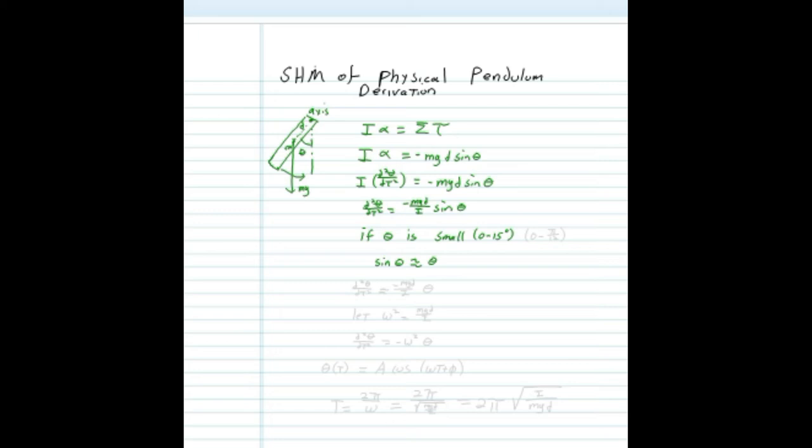So when I say 0 to 15 degrees, again, go back and think about that. In terms of radians, you're talking about from 0 to pi over 12 in radians. Okay. So if sine of theta is approximately equal to theta, we end up with this.